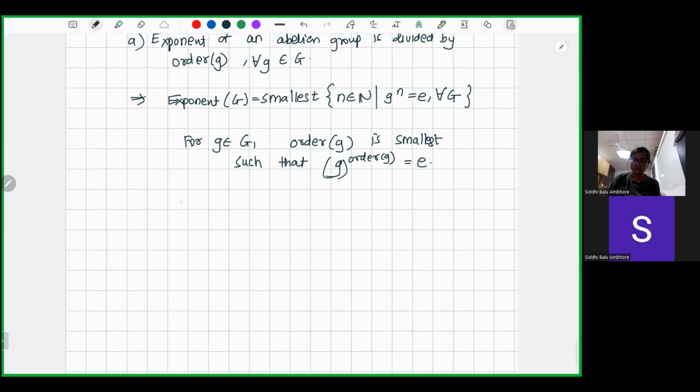And let us call this exponent something nice, epsilon, the exponent.